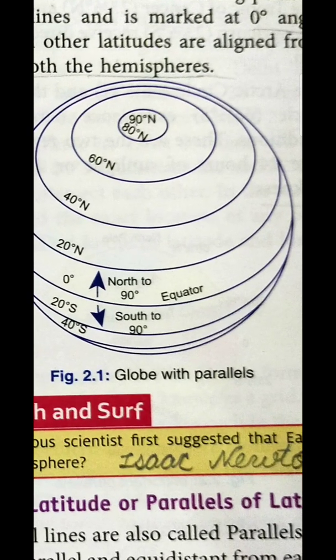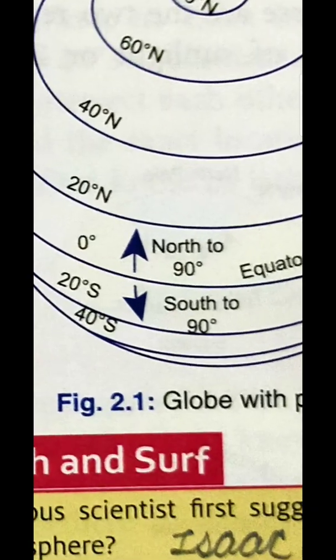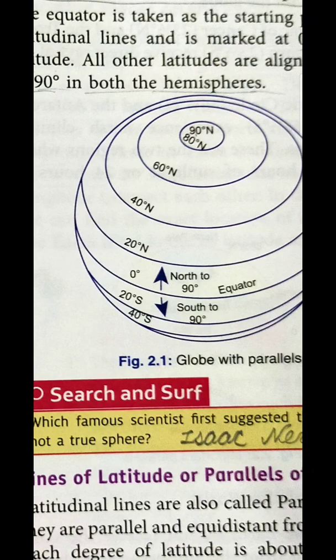Here you may check out 40 degree N, where N represents the northern part, and S represents the south. So here 40 degree north and 40 degree south, or 20 degree north or 20 degree south. Above the equator, the whole part comprises the northern hemisphere, and below the equator, the whole part comprises the southern hemisphere.